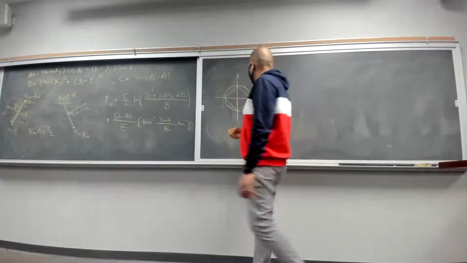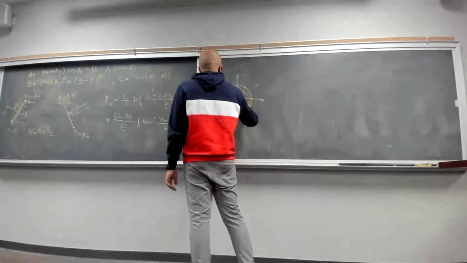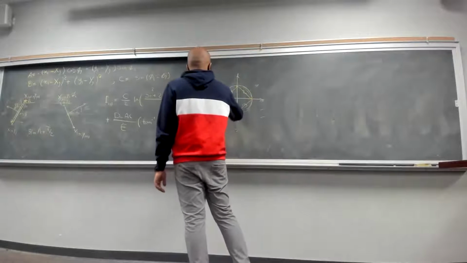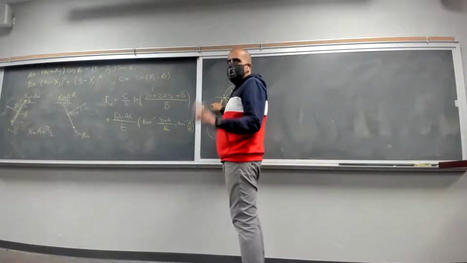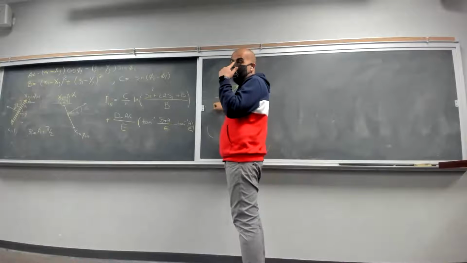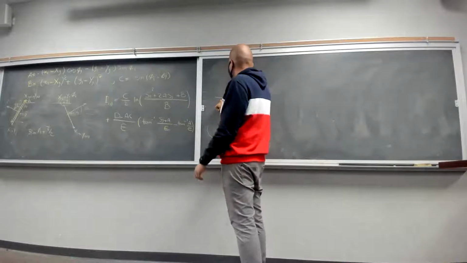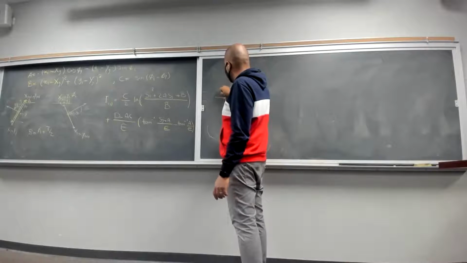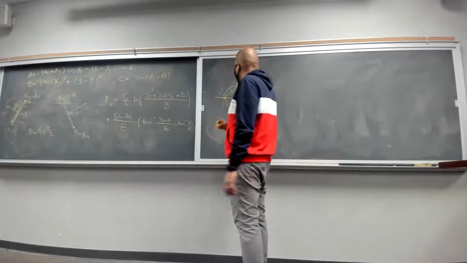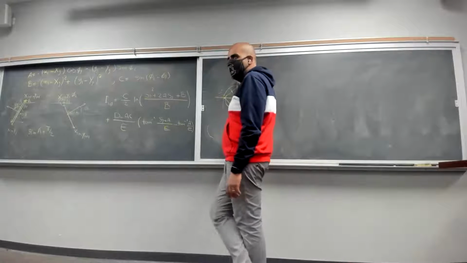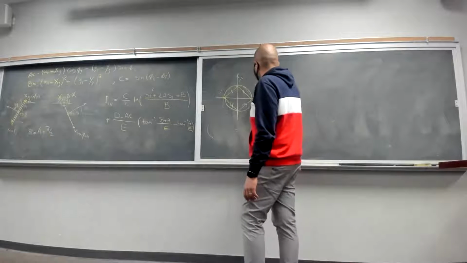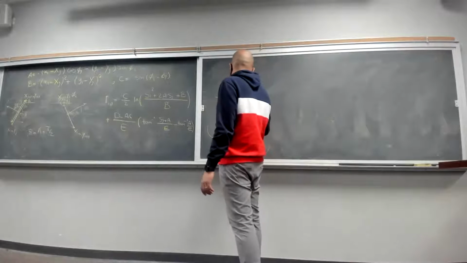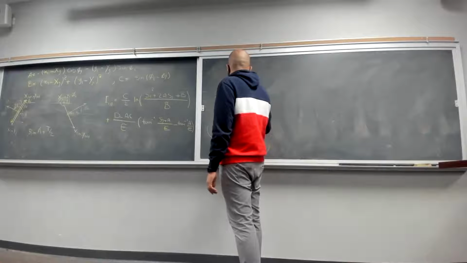Okay. Let's say this is panel 1, panel 2, panel 3, panel 4. Okay. And what is X and Y here? If your radius is 1, X and Y is going to be -1 and 0, right? What is X and Y here? 0 and 1. What is X and Y here? 1 and 0. What is X and Y here? 0 and -1.